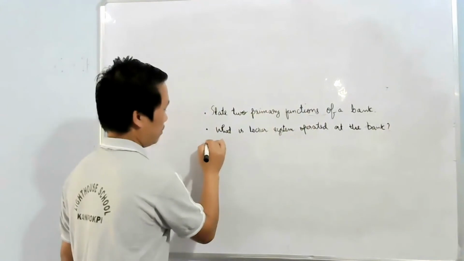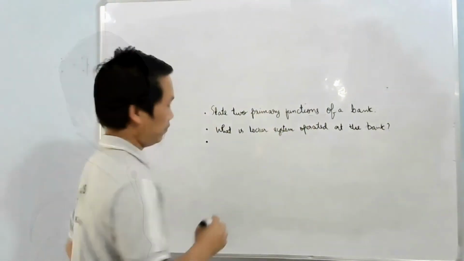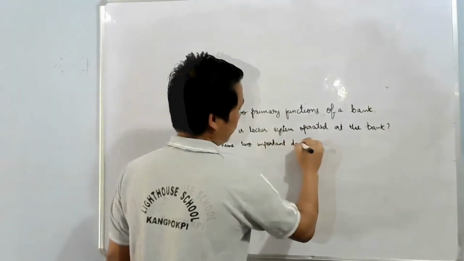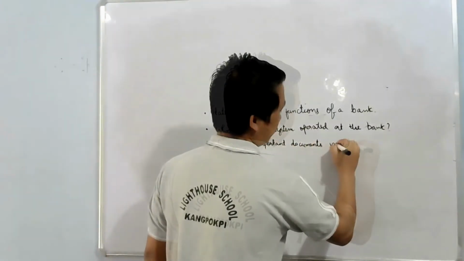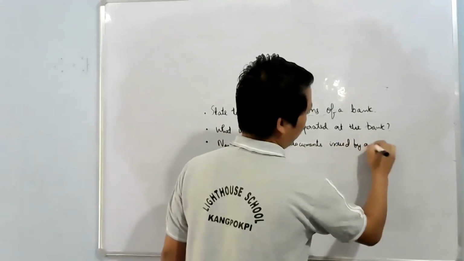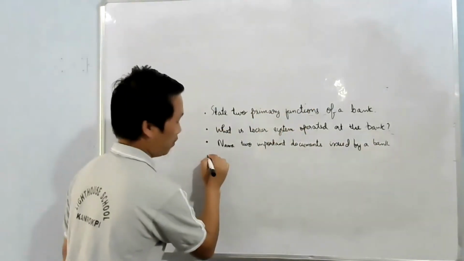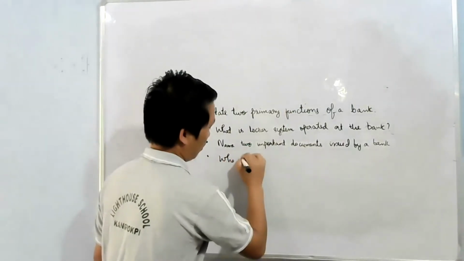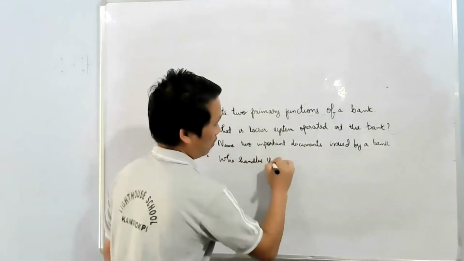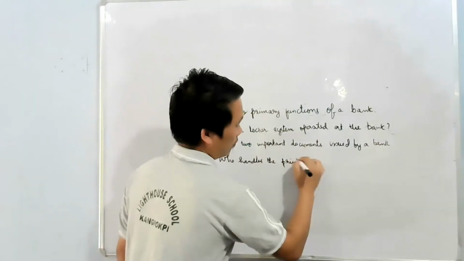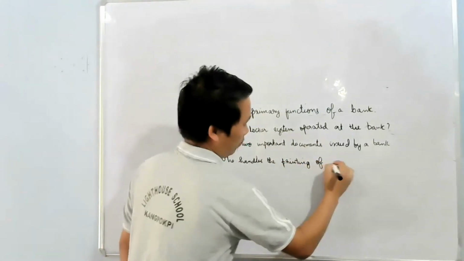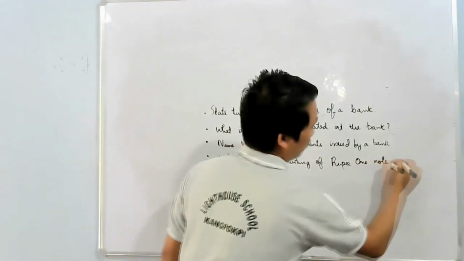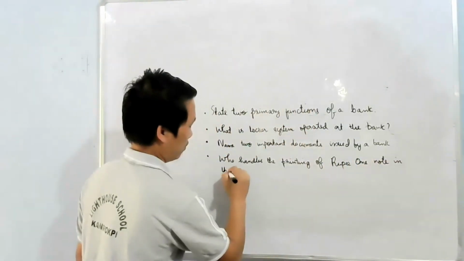And the third question is, name two important documents issued by a bank. And number four, who handles the printing of rupee 1 note in the country?